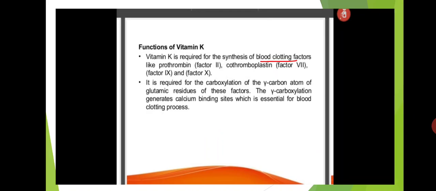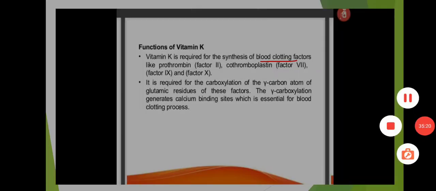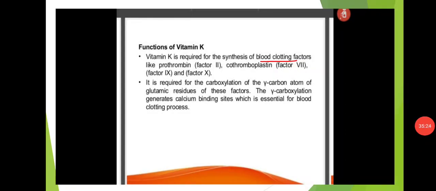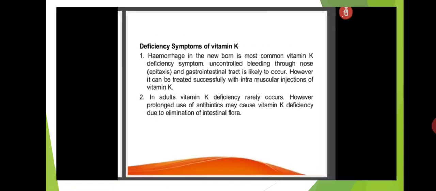The gamma carboxylation generates calcium binding sites, which are essential for the blood clotting process.